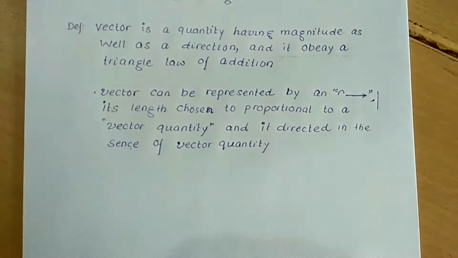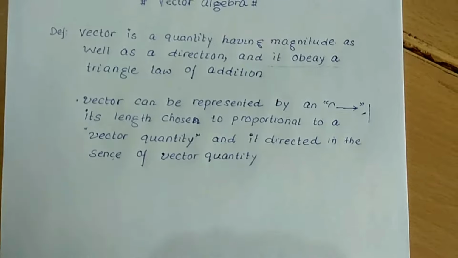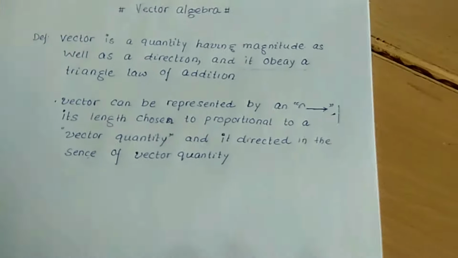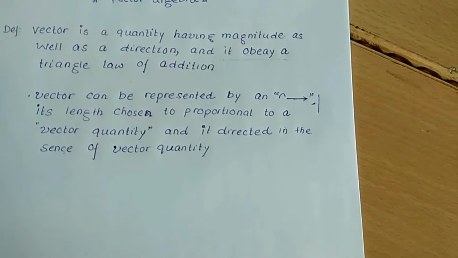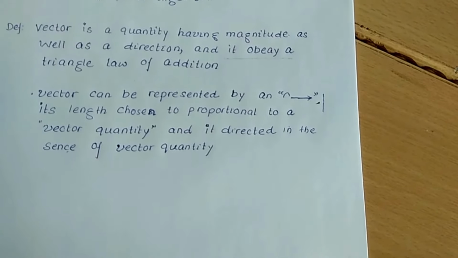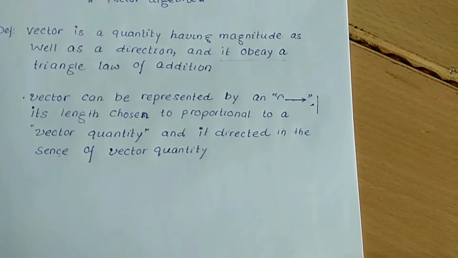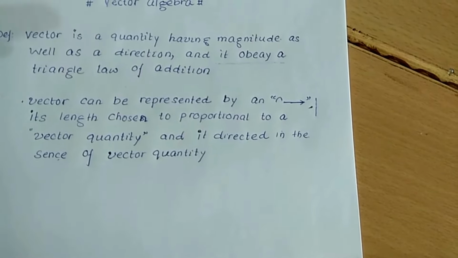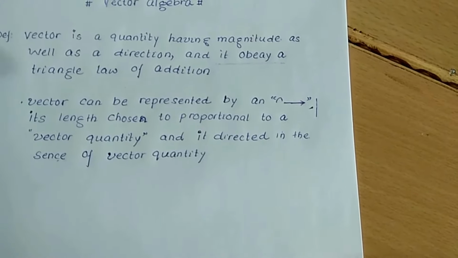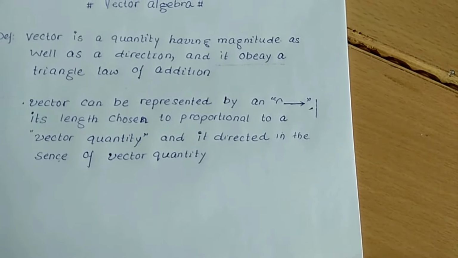This we further discuss. A vector can be represented by an arrow, like a symbol above. Its length is chosen proportional to the vector, and its direction is taken in the sense of the vector quantity.